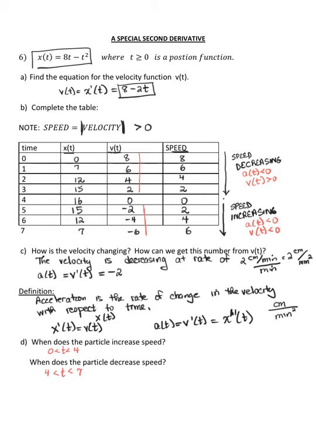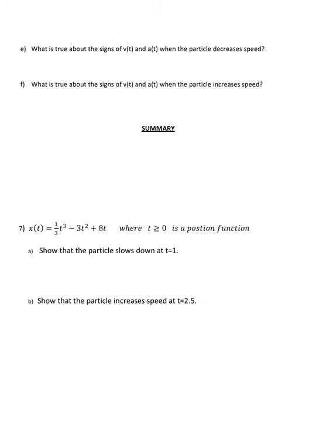All right, so let's make a conjecture. What is true about the signs of the velocity and acceleration when the particle decreases speed? Well, looking at our chart, the signs are opposite. The signs for a of t and v of t are opposite, meaning that one is positive and the other is negative, or vice versa.